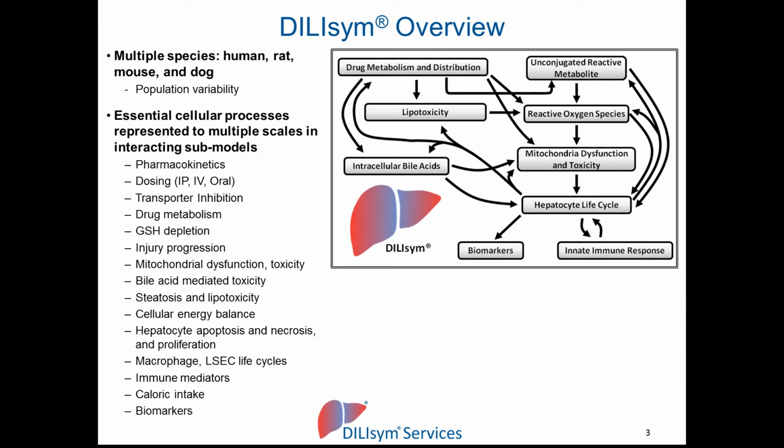The innate immune system can participate in exacerbating or ameliorating injury. As well, the innate immune system can help drive a proliferative response to offset the hepatocyte loss due to injury. And then there's a variety of biomarkers of injury that are also represented in DILIsym.